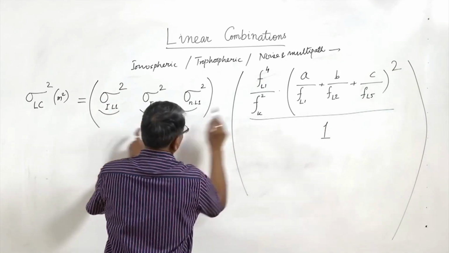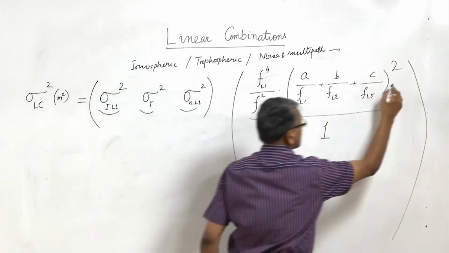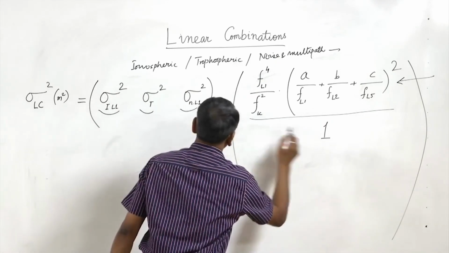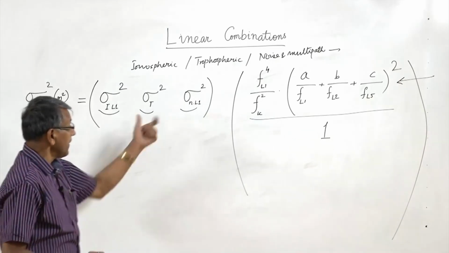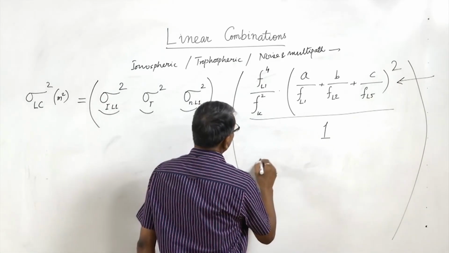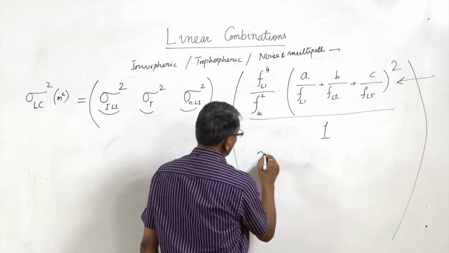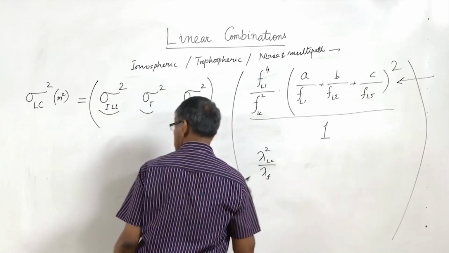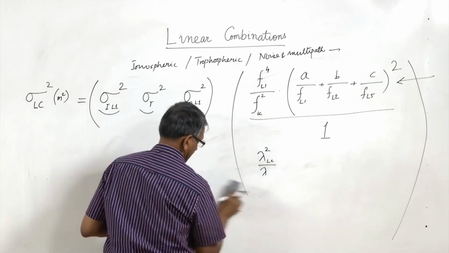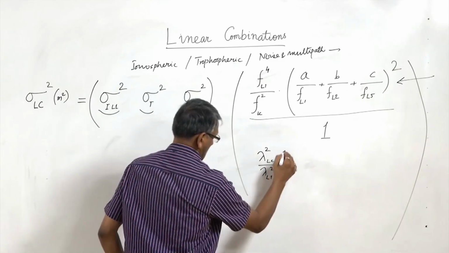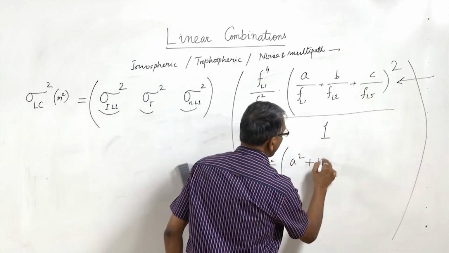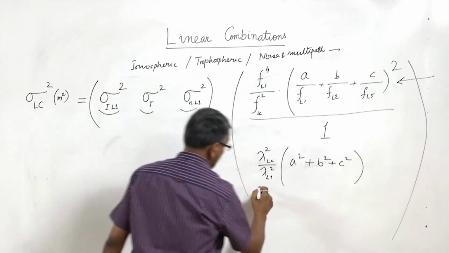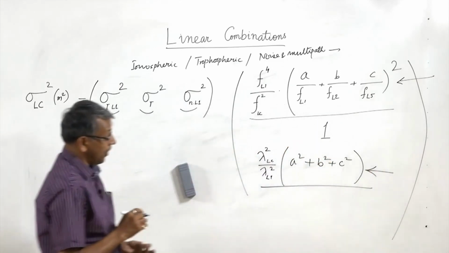This multiplied by this will be the amount of ionospheric error in the combined signal, and this multiplied by this is the error in the tropospheric signal, and this multiplied by this is the error due to noise.